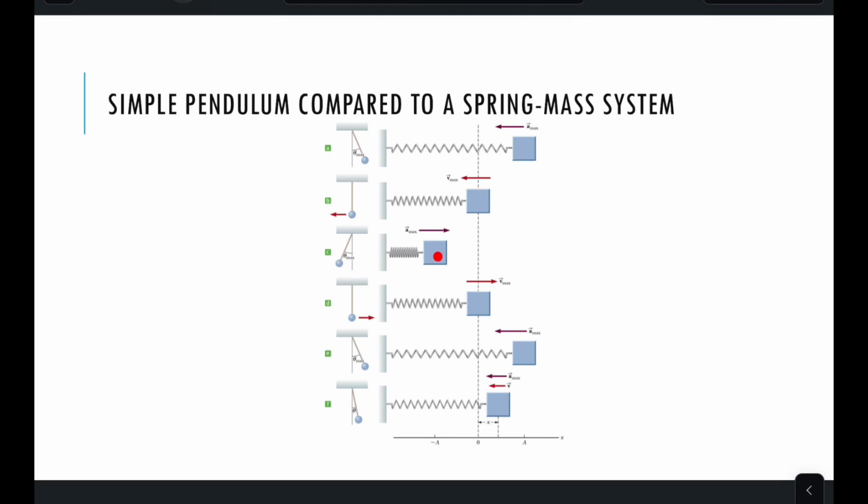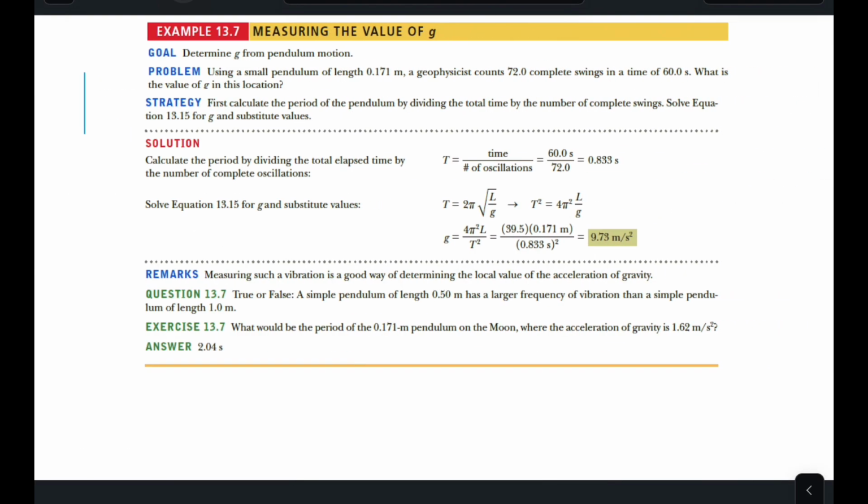Then it proceeds to the left, and when it reaches x equal to negative A, the a is maximum but in the opposite direction. When it reaches the equilibrium position again, the a will be 0, the Fs will be 0. For this case, the Ft will be 0, and the v is going to be maximum again. We repeat the same situation for the simple pendulum. The analogy, the idea, is the same.